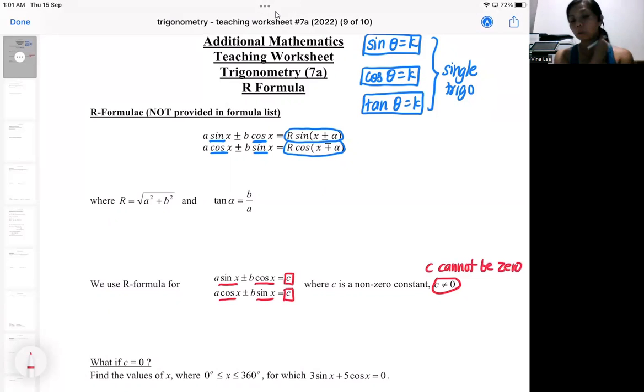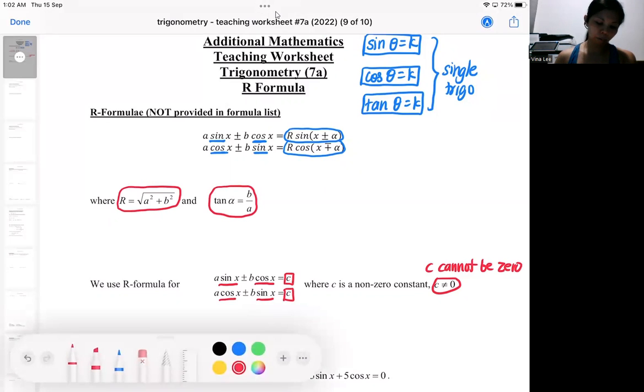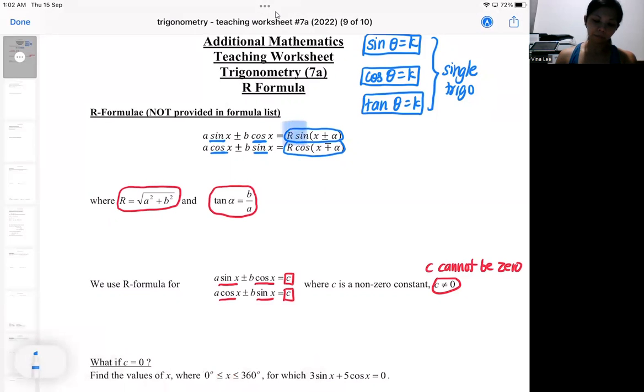This is the situation that we will be using. There will be formulas here. Later on we go into the conversion, how we use these two R formulas.